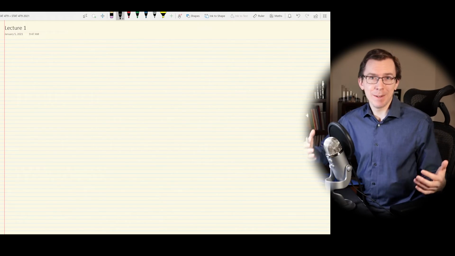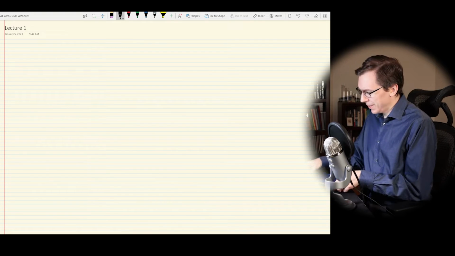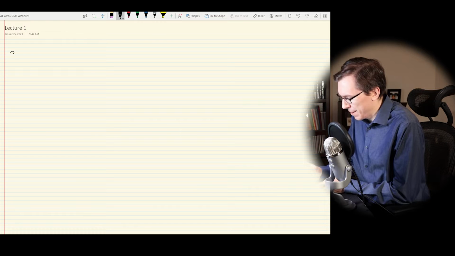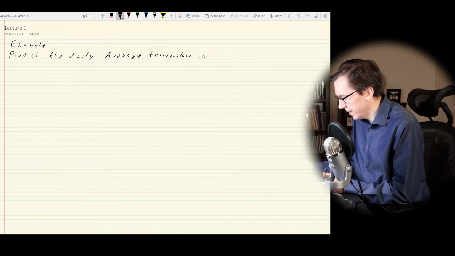All right, so let's do an example just to start off before we start getting into definitions and whatnot. So let's say we want to predict the temperature. Example: I want to predict the daily average temperature in, I don't know, let's say Edmonton, because why not?